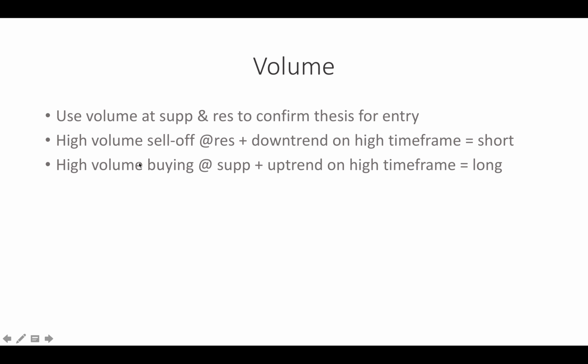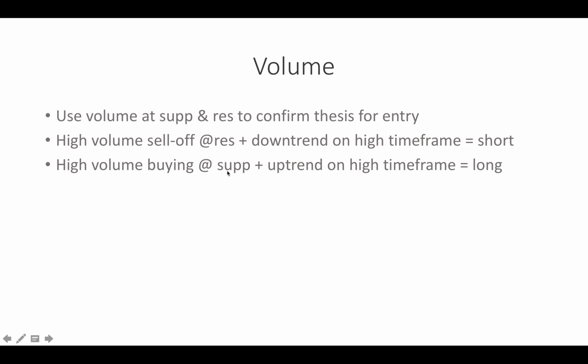General rules of thumb, if there's a high volume sell-off at a resistance point and a downtrend on a high time frame, means you should be short. So what this means, for example, say oil's in a downtrend, which it is. I talk a lot about oil because I'm primarily an oil trader.